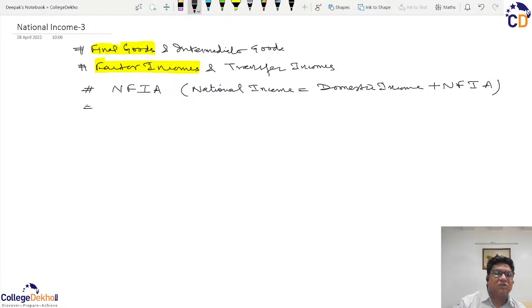And fourthly, obviously not the least, when we talk of final goods, these final goods can be of two kinds. One can be capital goods and another can be consumer goods.